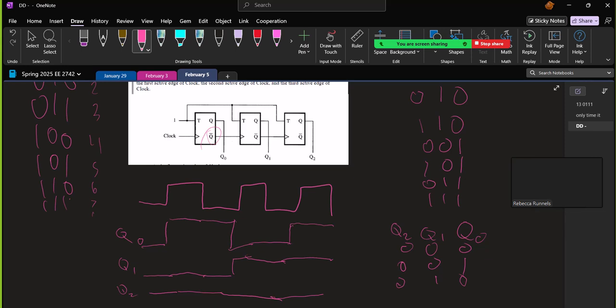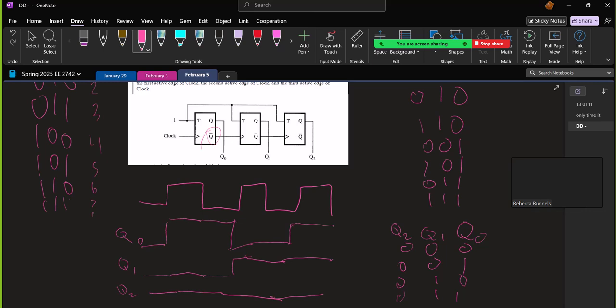Q2's at 0 the whole time. And then I get 0, 1, 1. Does that look like an up counter? Yes.